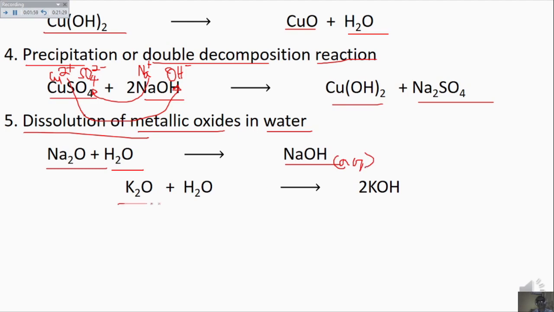Likewise, when you dissolve potassium oxide in water, what will form? It will form potassium hydroxide. With this way, you prepare what we call base in the lab.